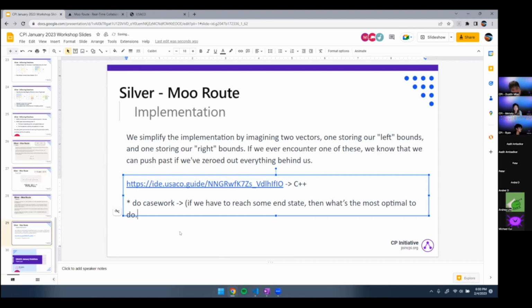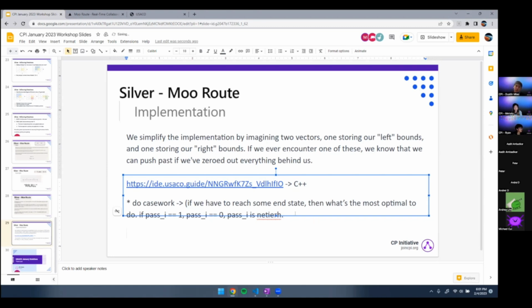And so our casework here is if pass i equals 1, if pass i is equal to 0, or pass i is neither. And then we can just go through all these cases and see the best move to make.